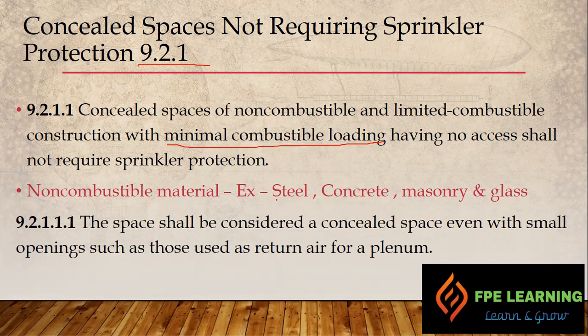For the floor, ceiling, wall and structural member: steel, concrete, masonry and glass. So these are the non-combustible materials. And 9.2.1.1 also says that the space shall be considered a concealed space even with small openings such as those used as return air for a plenum, right? So for the plenum, for the HVAC units also, we can consider that.